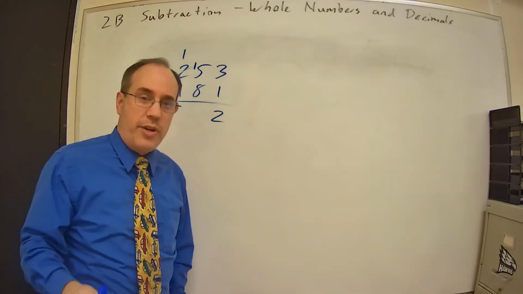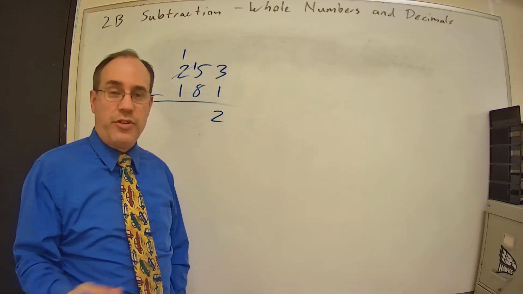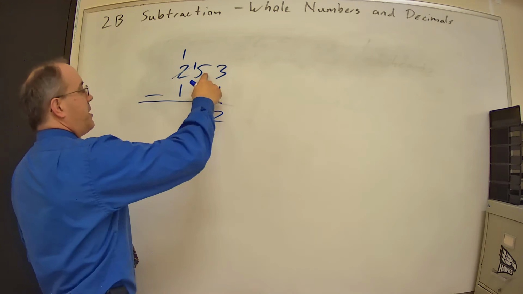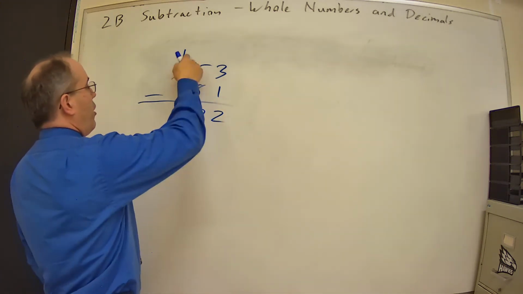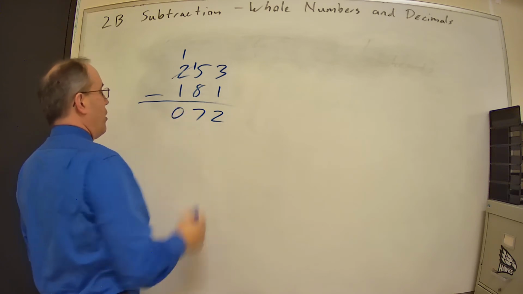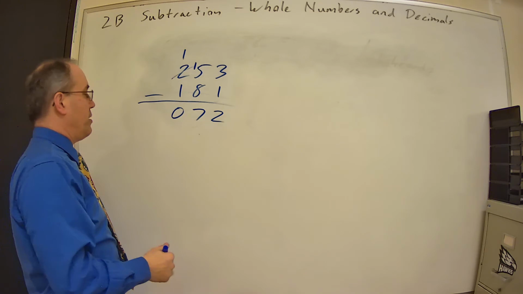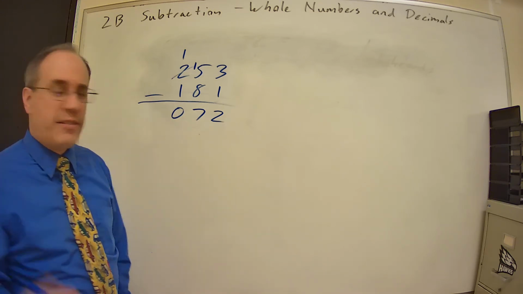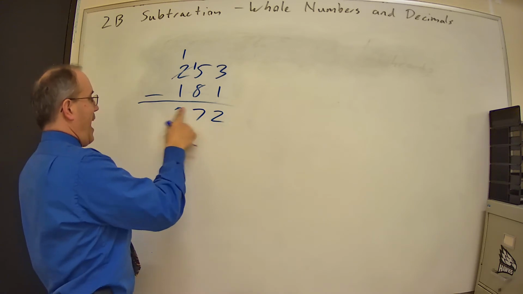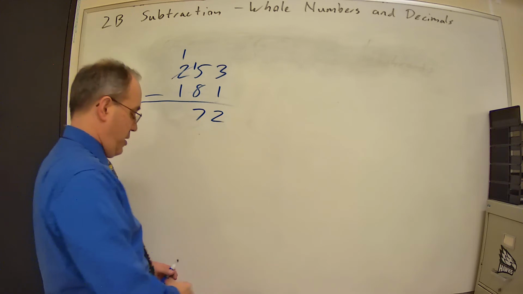See where I said that we're going to need that two-digit number, you subtract a single digit from it. So 15 minus 8 is 7, and then 1 minus 1 is 0. So 253 minus 181 is 72. And we know this 0 is an unnecessary 0, so we don't really have to write that there. So it's just 72. Let's do another one.